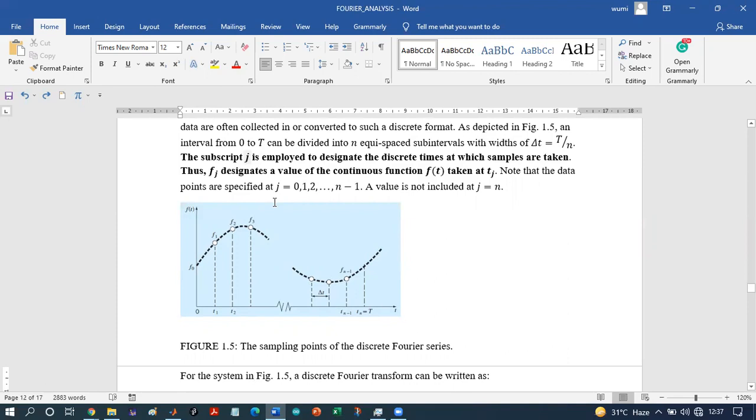When given a signal, the signal is going to be divided into different chunks, so different intervals, and we are expected to get the Fourier transform of that signal at the different time intervals.